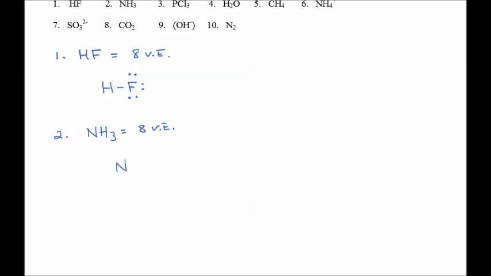So here's our N. We have 3 H's, which we're going to attach with the dashes, which represent the 2 electrons that are shared. Each dash is 2 electrons. Since we have 3 dashes, that takes care of 6 of the electrons. We have 2 left. We have to distribute them so that the octet rule is followed.